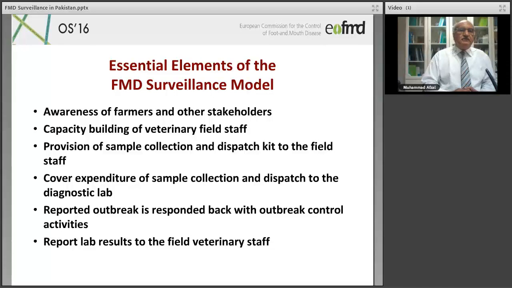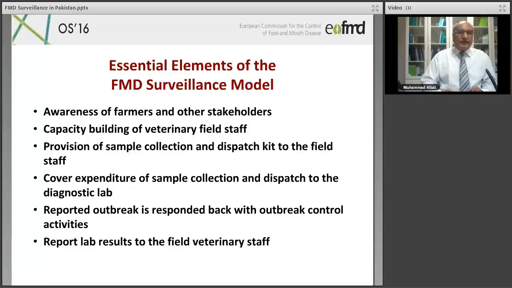The first is that stakeholders should be aware of FMD, its significance and its economic impact. The main force, the field veterinary staff, should be well trained in how to handle an outbreak of FMD. At the same time, the trained staff should have a sample collection kit to use while attending FMD outbreaks.